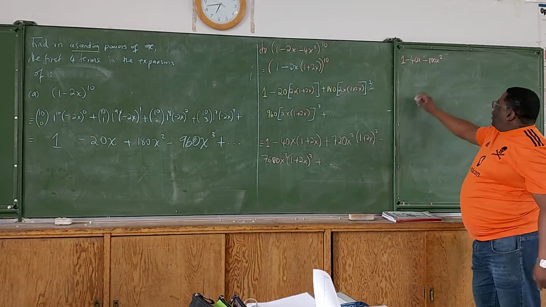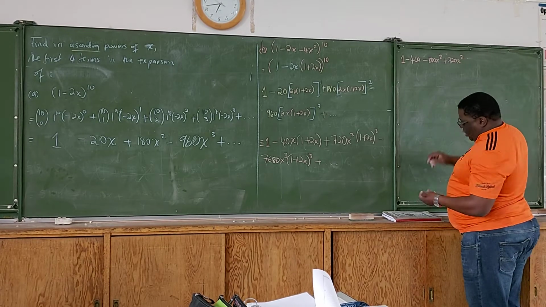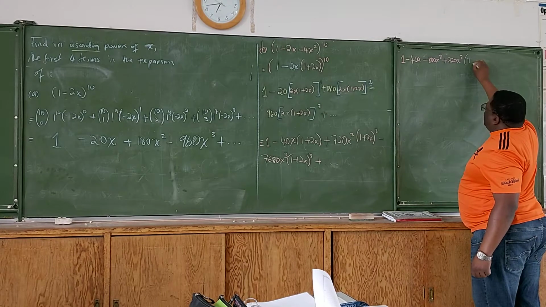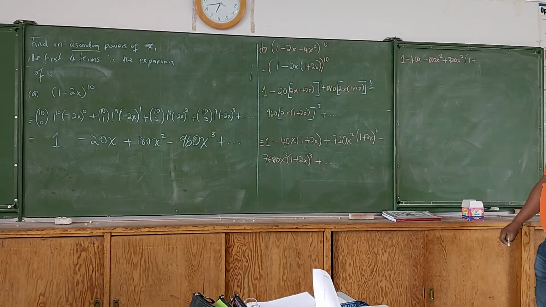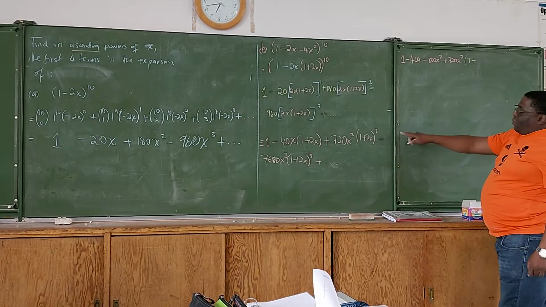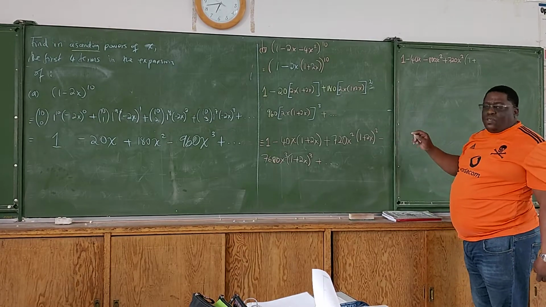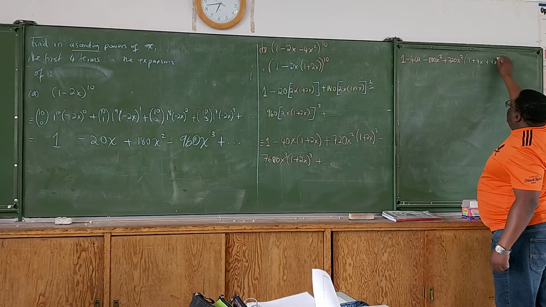Here, you're going to have plus 720x squared, but now this is going to be 1 plus, say what? I see what you mean. Okay, you want me to use NC, no need for that. Remember, if you want it like this, 1 times 1, and if it's 2x plus 2x, you do what? 4x plus what? 4x.